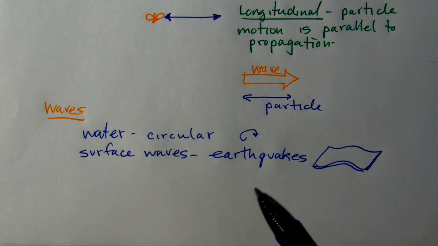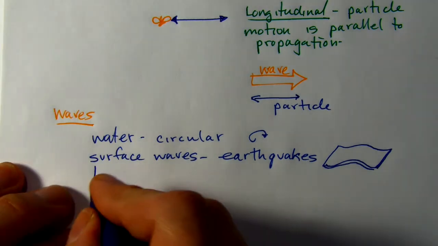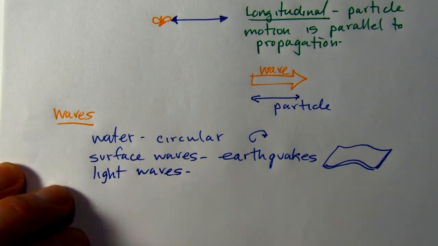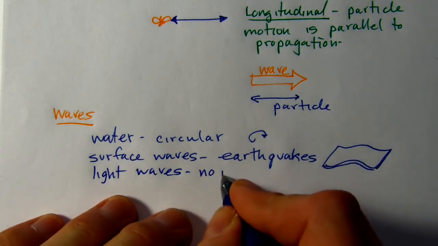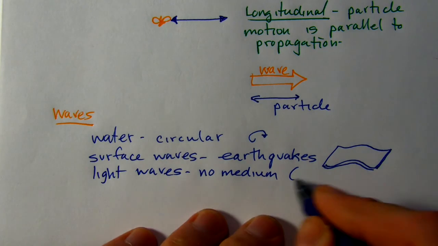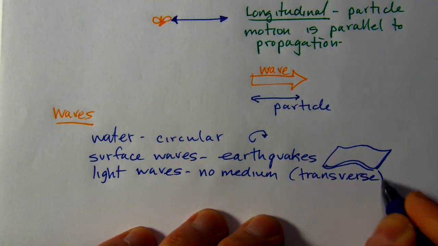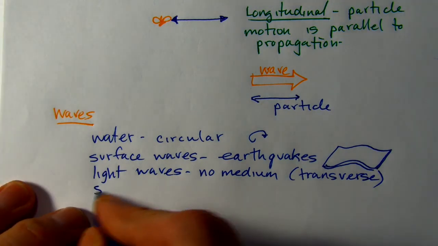We could talk about gravitational waves and so on, but I guess we could talk about light waves. And they are unique. Now, they have transverse wave properties, okay, but there's no medium, okay? There's no medium, but really they do display transverse wave properties. And then finally we could talk about sound waves.